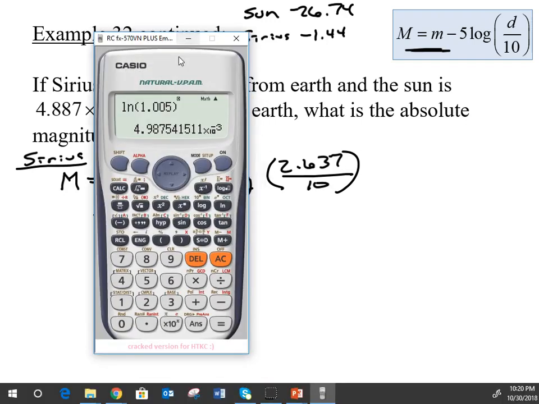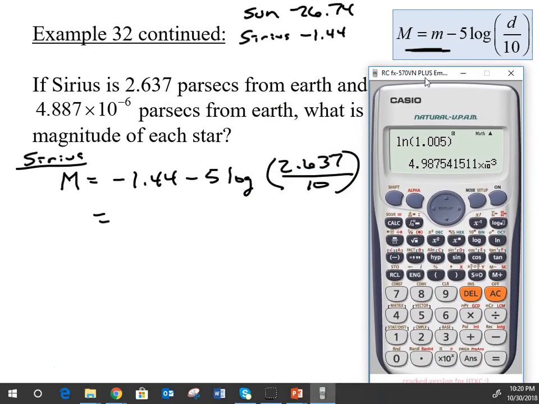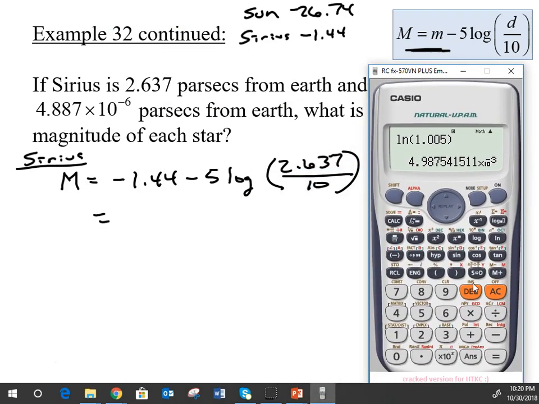And then we're just going to type this into the calculator. So we're literally just going to take our calculator and type it in. Negative 1.44 minus 5 log, parentheses, 2.637 divided by 10, then close the parentheses, and we get 1.45544.